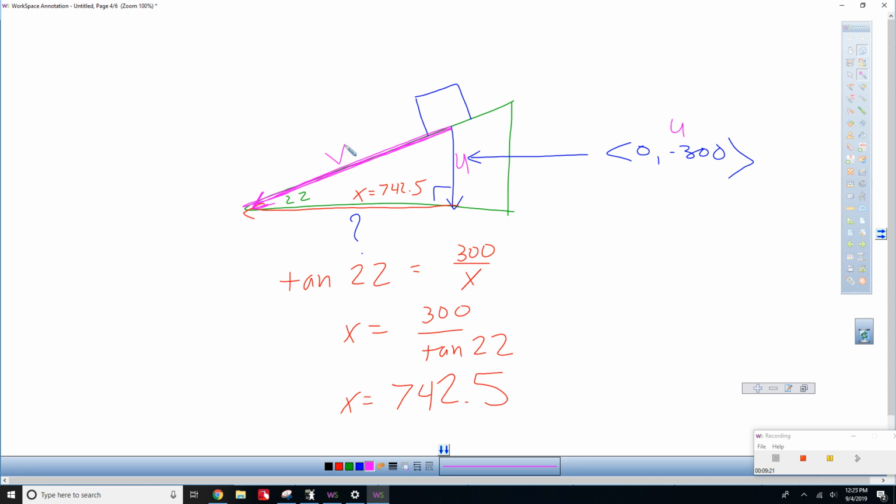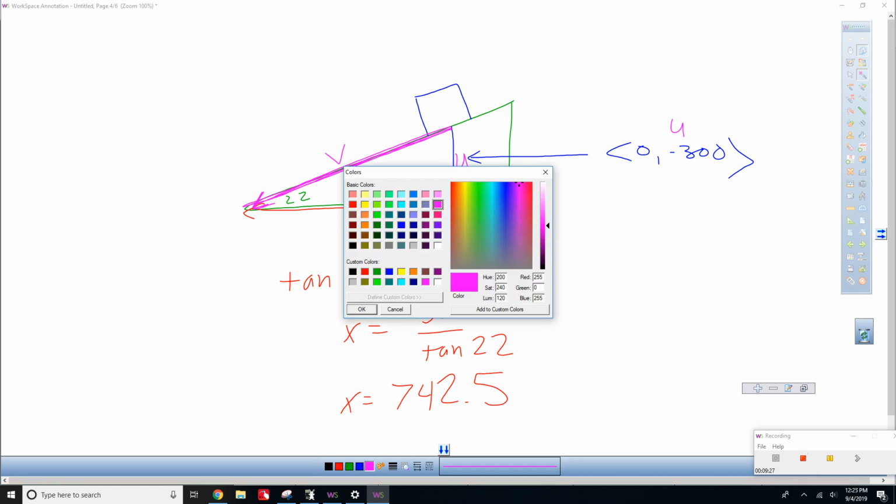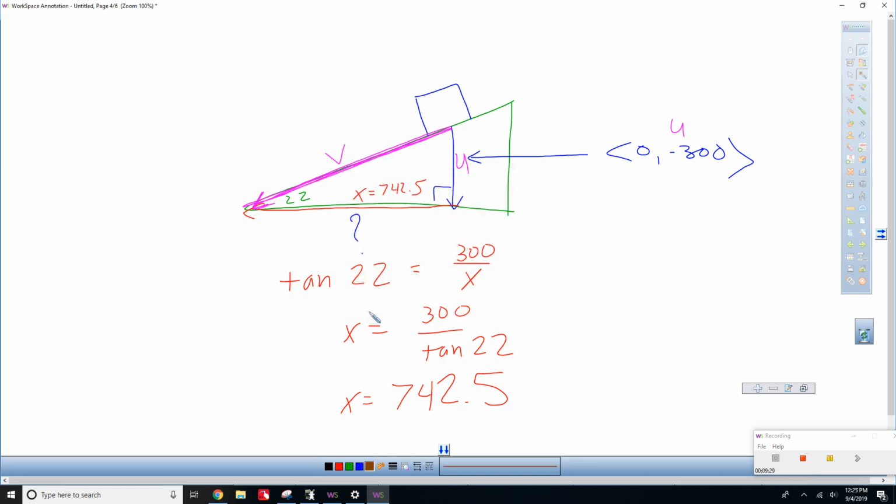If we go back to brown real quick, what we're looking for, the tension of the rope, is how much of this blue vector is being projected in the parallel direction of V. Does that make sense to you, Tara? So we're really looking for the projection of U onto V. So what is V? Oh, we have V now.